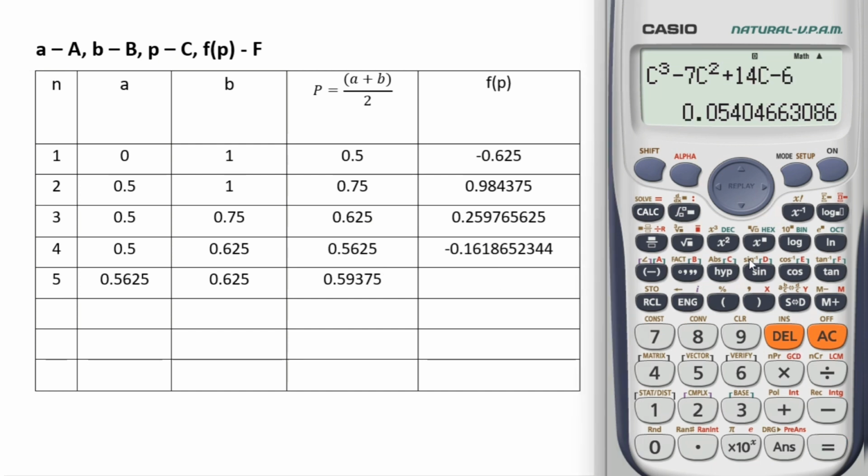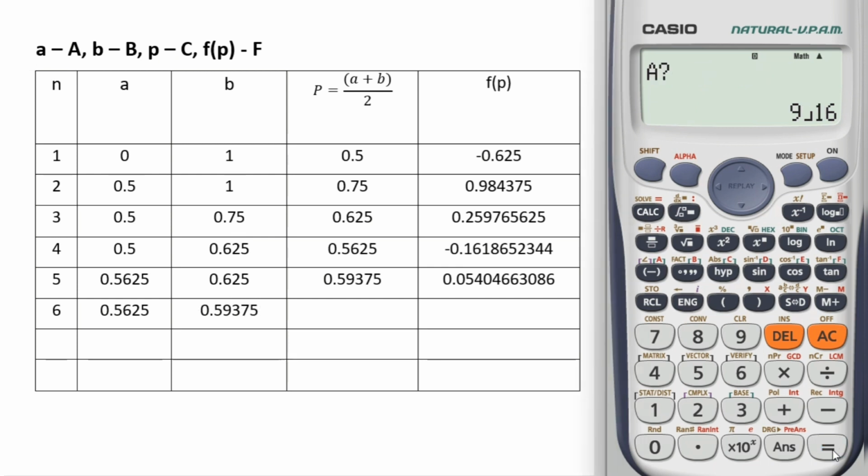Again equal button, then we have a positive value, 0.0540466386. In the sixth iteration our root is between 0.5625 and 0.59375. We don't need to change A, but we change B with alpha C, and equal button.